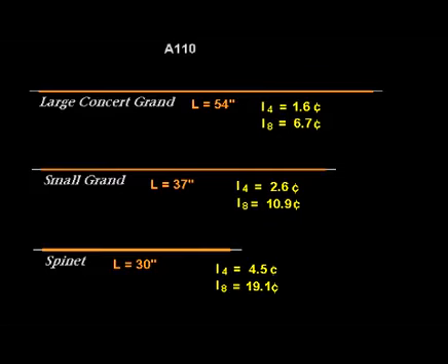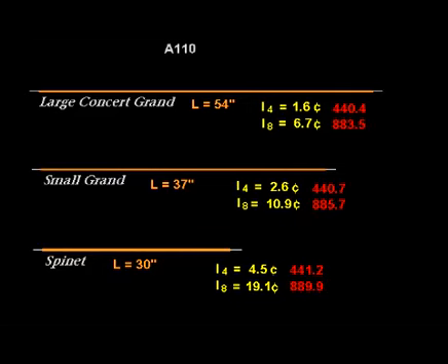In other words, if that string is tuned so that the fundamental is 110 cycles per second, then that 8th partial isn't really 880 cycles per second. It'll be a little bit more. As a piano gets smaller, the strings get shorter and thicker in order to produce the equivalent notes. So the A110 in a little spinet piano is only 30 inches long, and the string is thicker, so the inharmonicity is a lot more.